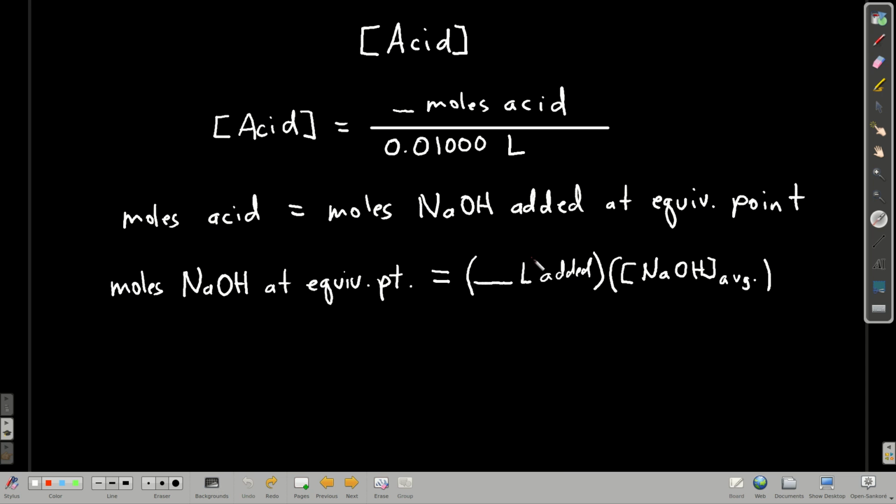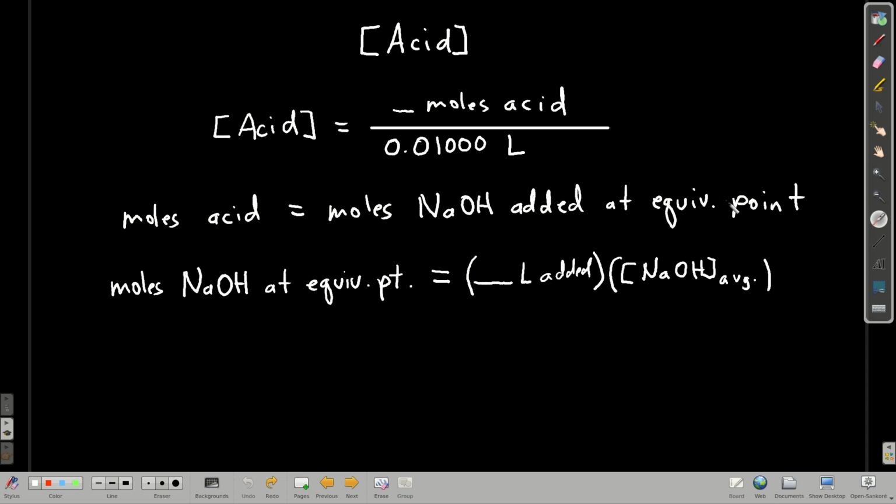That was milliliters converted to liters, multiplied by your average concentration of sodium hydroxide. That's the moles of sodium hydroxide at the equivalence point, which is equal to the moles of the acid, which goes up here. You divide by 0.01000 liters, and that's the concentration of your acid. Now for your diprotic acid, you only have to do the first equivalence point to get the concentration, but if you'd like, you can also do the second equivalence point.